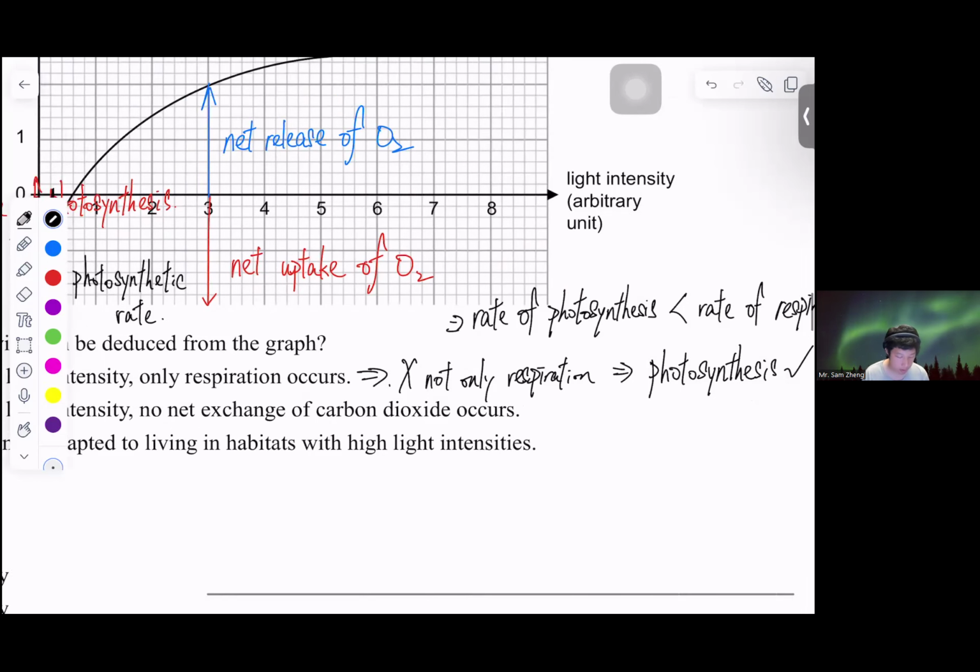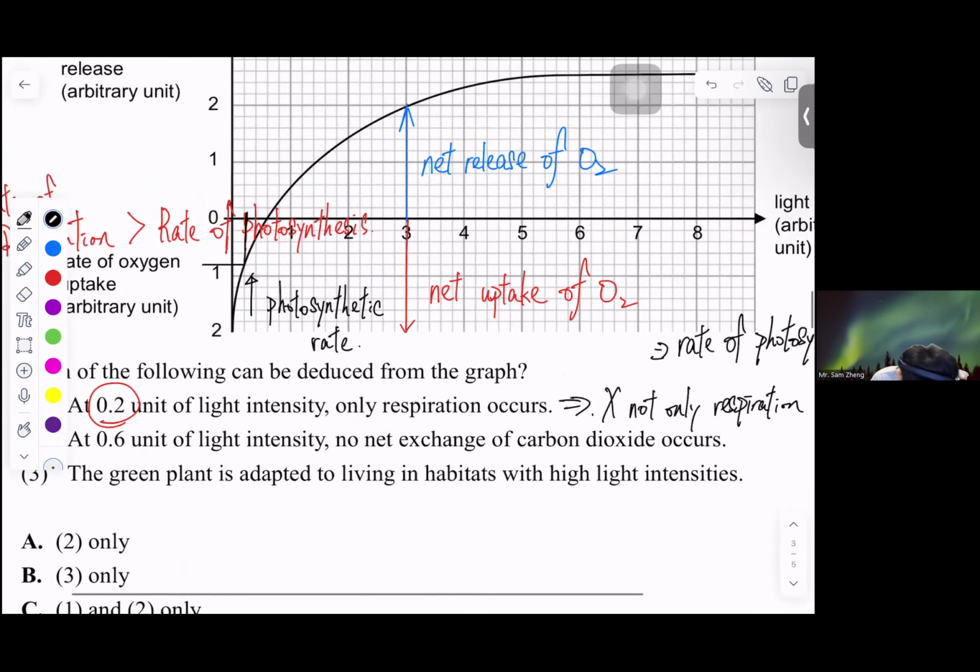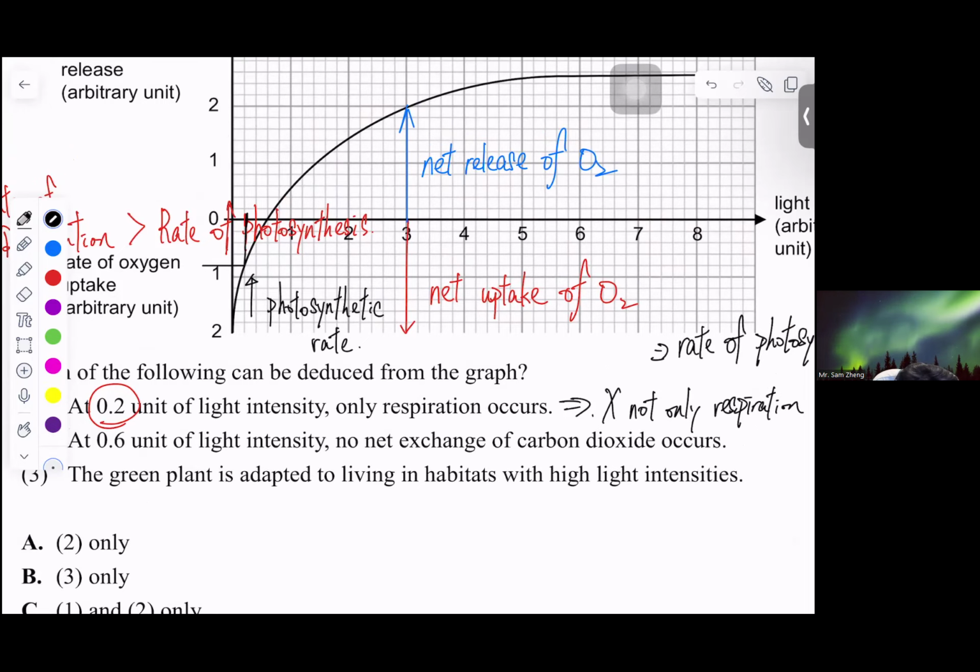Next, at 0.6, it would be over here, so it would be at zero. As the value is 0, the statement says there is no net exchange of carbon dioxide. Yes, this is true, because there is still exchange of carbon dioxide, but there is no net exchange of carbon dioxide.